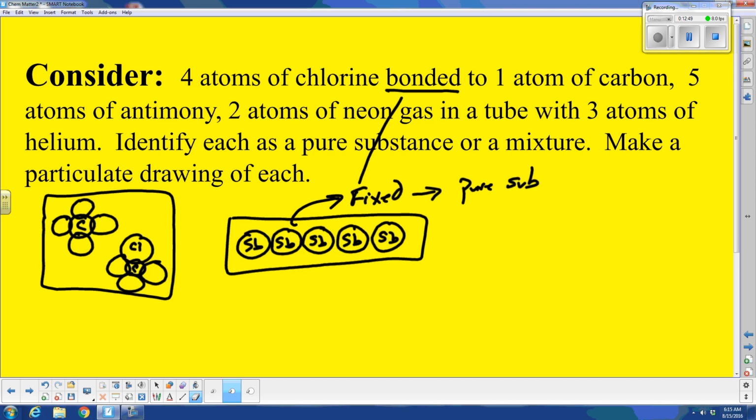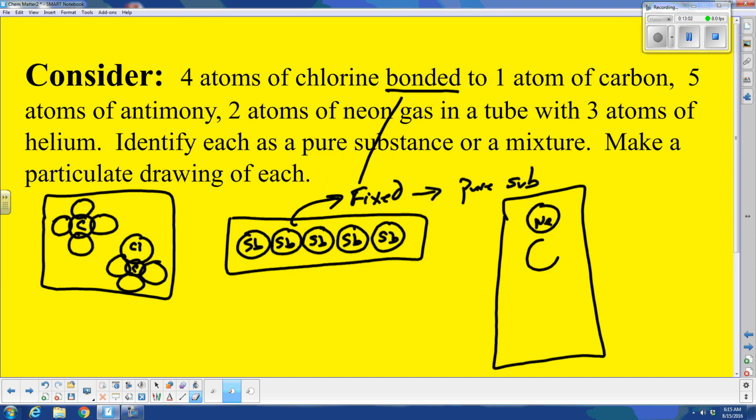And then I've got 2 atoms of neon gas, so I have a tube. Here's my tube. I have 2 atoms of neon gas, so let's put in neon, let's put in another neon. Now they're not bonded. And I have 3 heliums, and let's put a helium here, and a helium here, and a helium here.